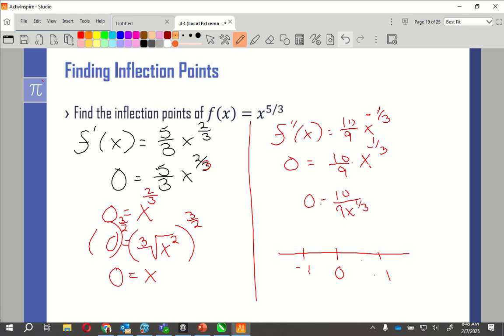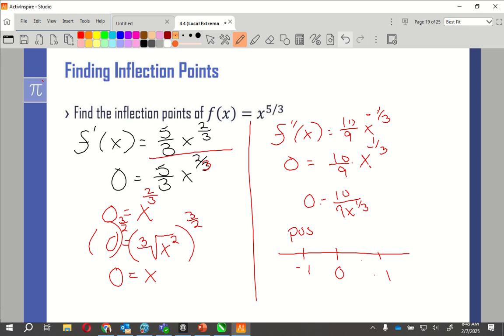So let's see, at negative 1, if I plug that into my derivative, that's going to give me a positive because I'm squaring a negative 1. Cube root of 1 is 1, so that's going to give me a positive.